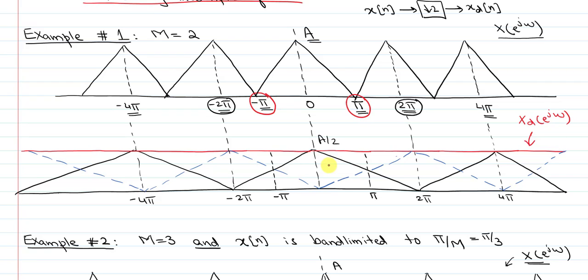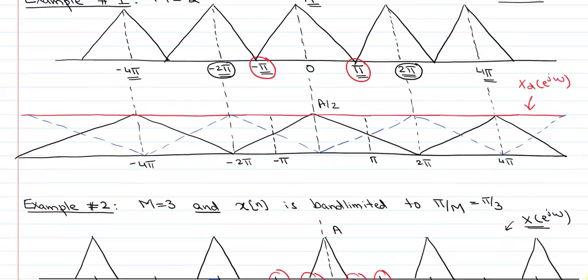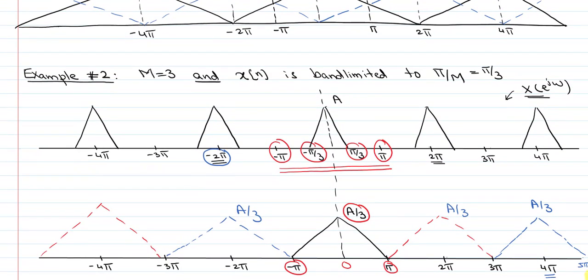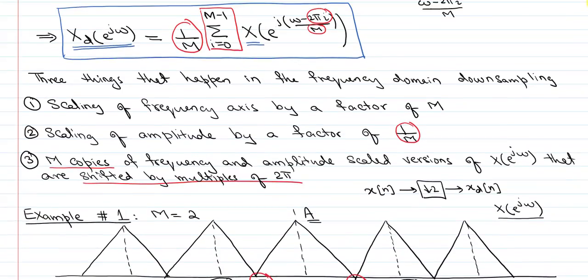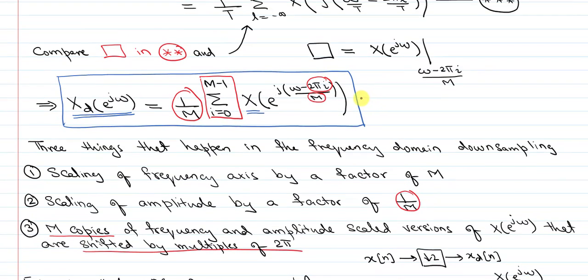So these are 2 examples to clarify the frequency domain relationship between your downsampled signal and your original signal. And to derive that relationship, the mathematical expression is given by this formula.